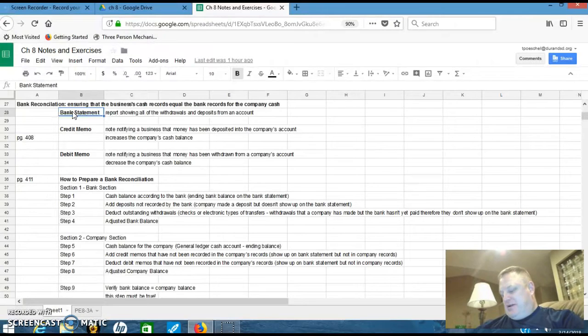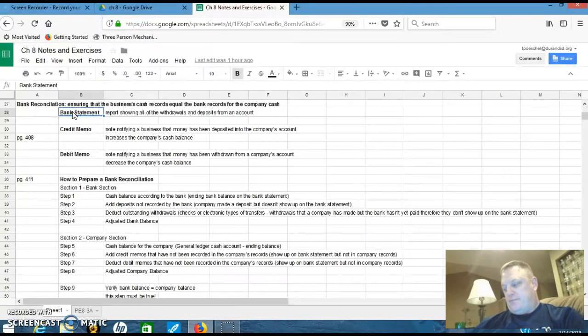If you turn and look at page 408 again, you'll notice that at the top, there's a nice chart that shows the differences between a bank and a company, and the credit memo and debit memo. Right underneath that chart, it lists 5 types of credit memos and 4 types of debit memos.